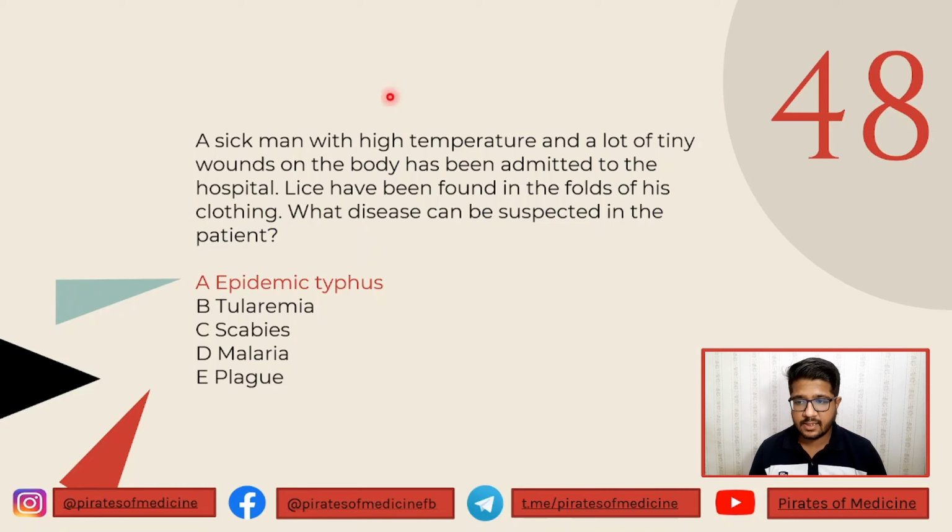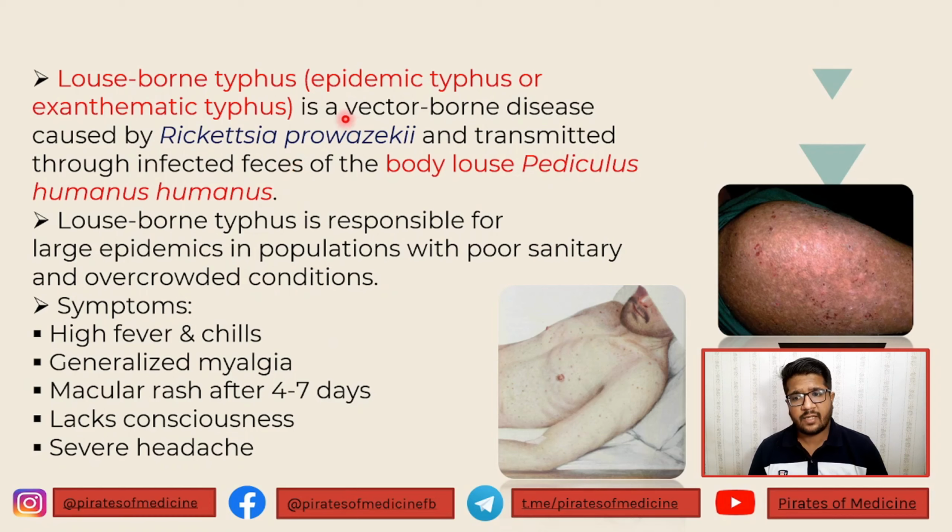48. A sick man with high temperature and a lot of tiny wounds on the body has been admitted to the hospital. Lice have been found in the folds of clothing. What disease can be suspected in the patient? This is actually a question from microbiology. Louse-borne typhus, the epidemic typhus, is a vector-borne disease caused by Rickettsia prowazekii, and the vector is the body louse, Pediculus humanus humanus.